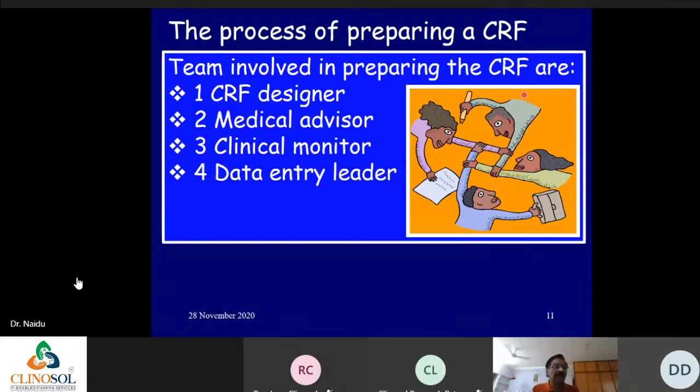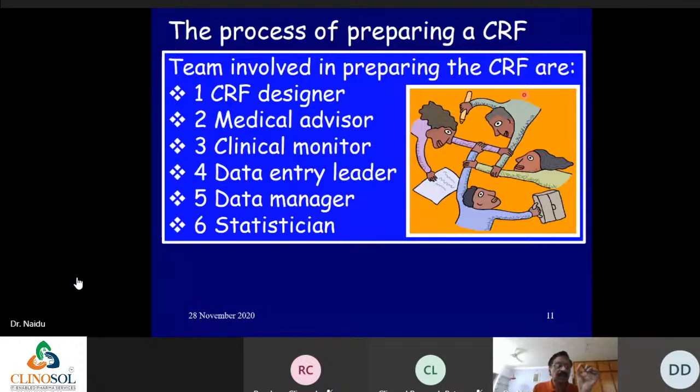Then the data entry leader, who is very important because he enters the data. Suppose you have designed a case record form and it is very difficult for him to enter a particular type of data. You have to involve him from the beginning, so he can tell you the data should be like that so that entry will be easy. The fourth person in the team is the data entry leader. The last is the data manager, because he is going to manage the entire data.